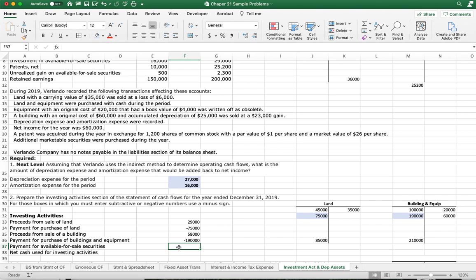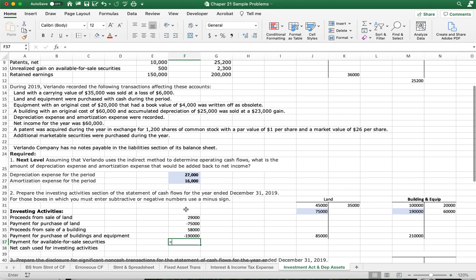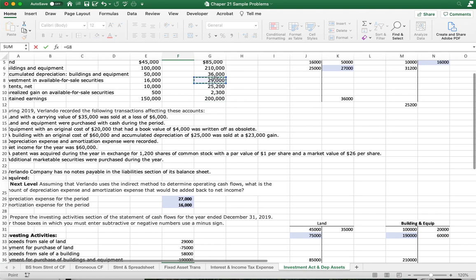Then our payment for the available for sale securities, we come up here, we have a beginning balance of $16,000, an ending balance of $29,000, and there's no additional information. So that one's as simple as the difference between the two.